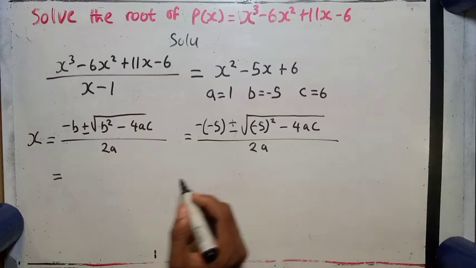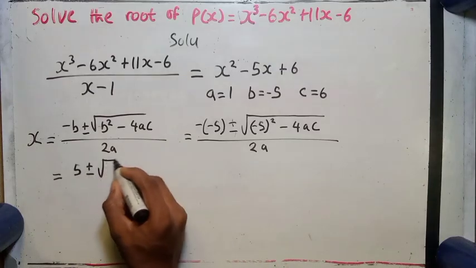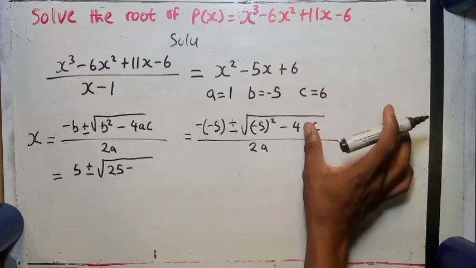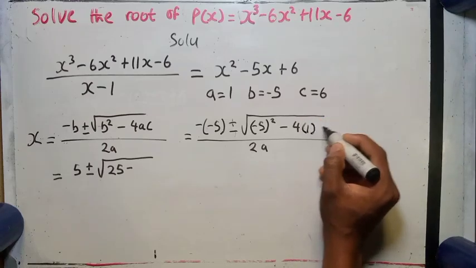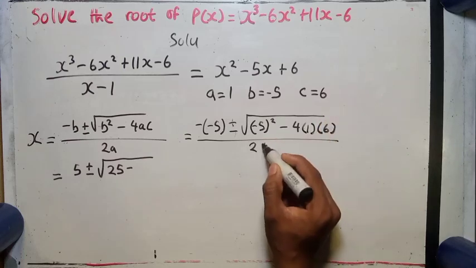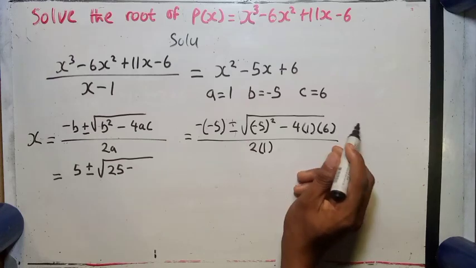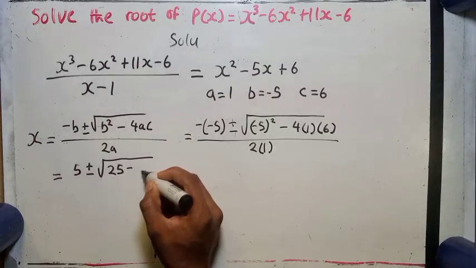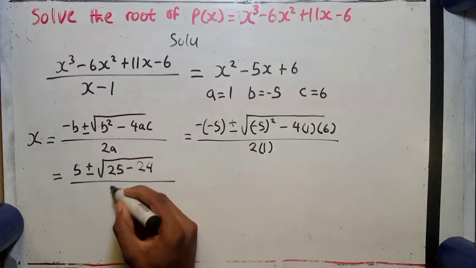Now from here, we're going to be having 5 plus or minus the square root of 25 minus, our a here is what? 1, and our c here is what? 6. We have 4 times 1 times 6. 4 times 6 is going to give us 24. So we're going to be having this 24 over 2.